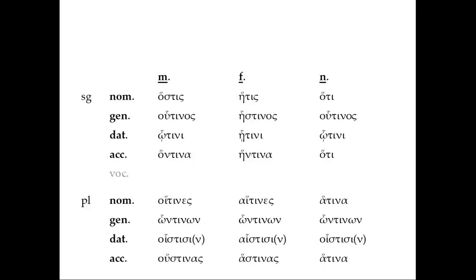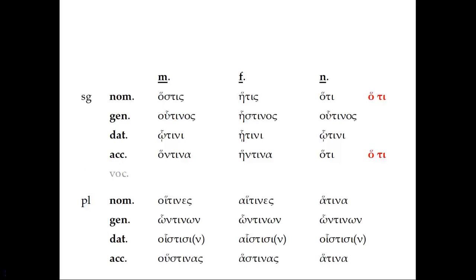There are some alternative forms we might see, though. The most important are in the nominative singular neuter and the accusative singular neuter. Instead of ho ti, what we might see, because ho ti can also mean that or because, so there's ambiguity here, is this: to resolve this ambiguity, Greek sometimes puts a space in between.